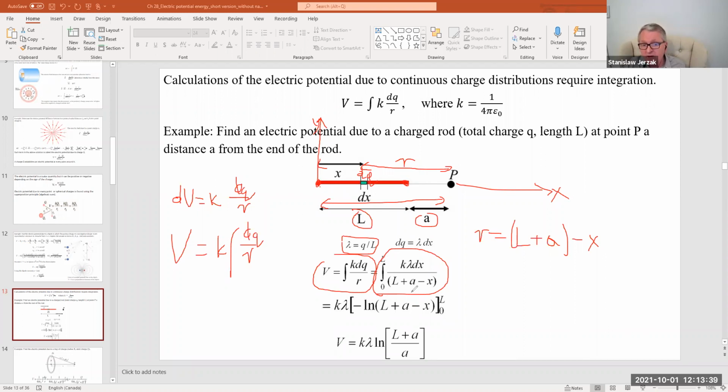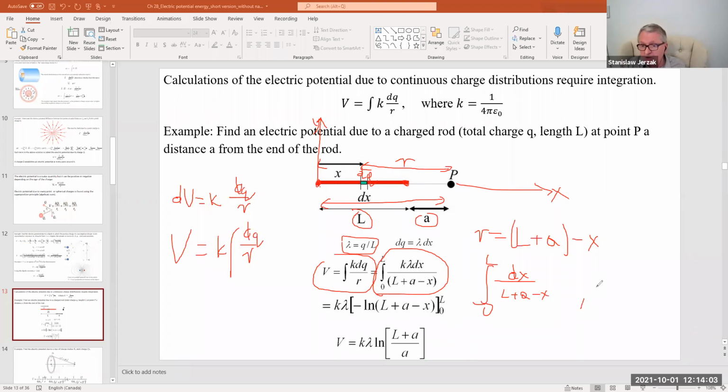And if you take the constants, k and lambda, in front of the integral, then the integral which you have to evaluate is of that type, dx divided by L plus a minus x, and this is a trivial integral from 0 to L. How do you solve these integrals? By substitution.